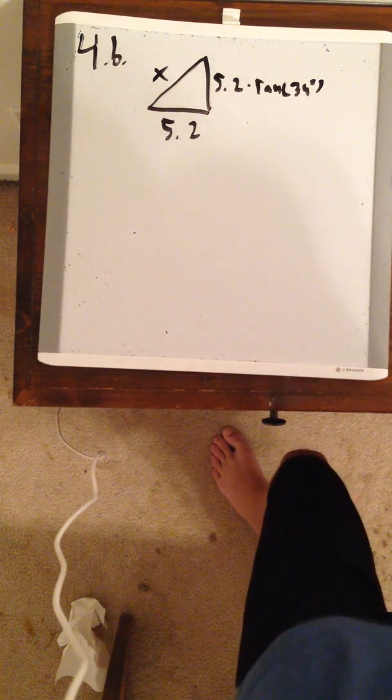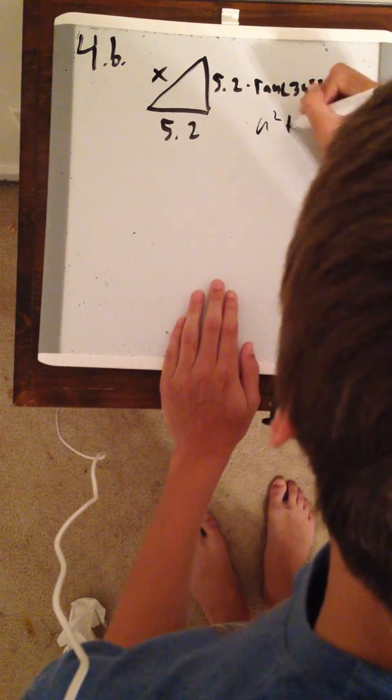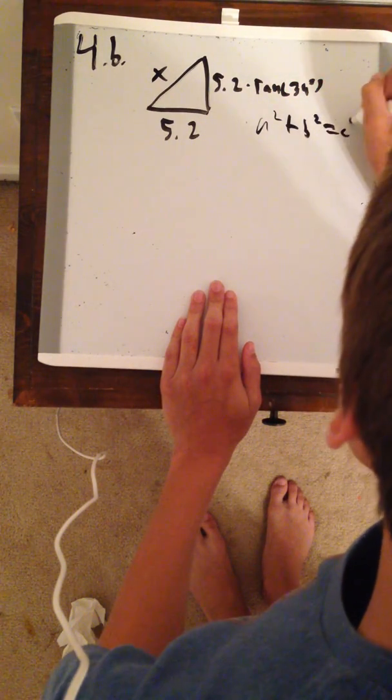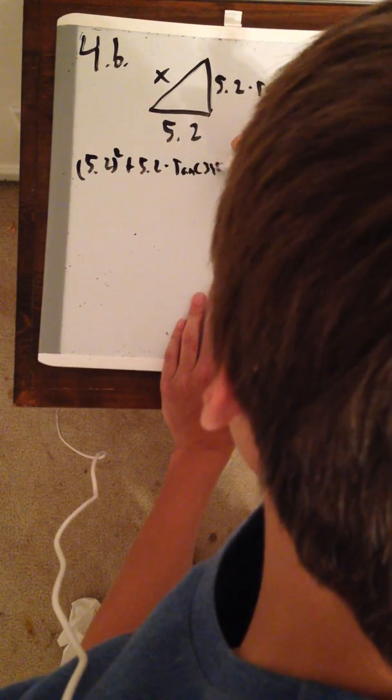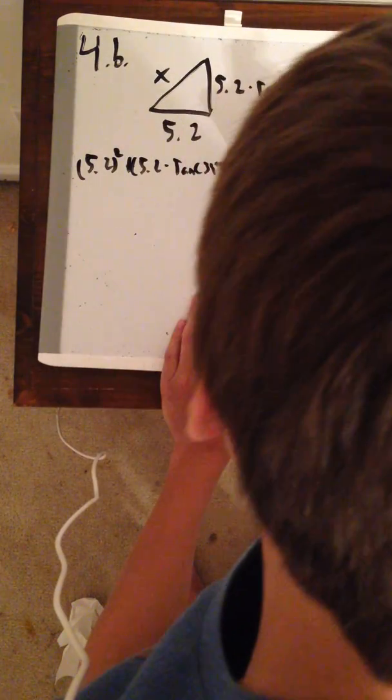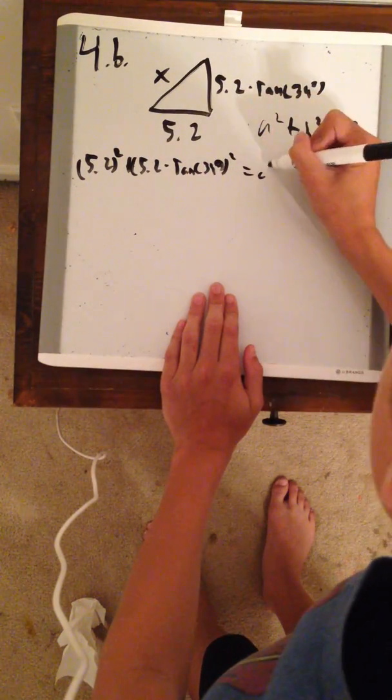So what we can do is, like I said, a squared plus b squared equals c squared. So we can do 5.2 squared plus 5.2 times tangent of 34 degrees, all that squared, equals c squared.